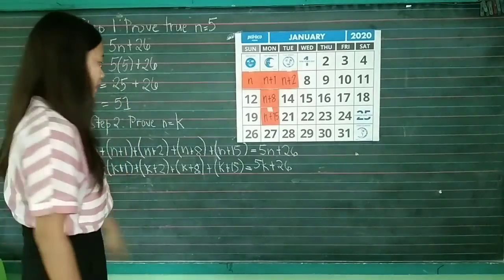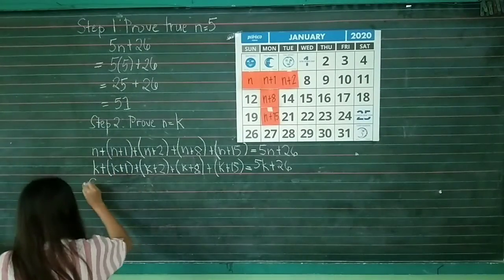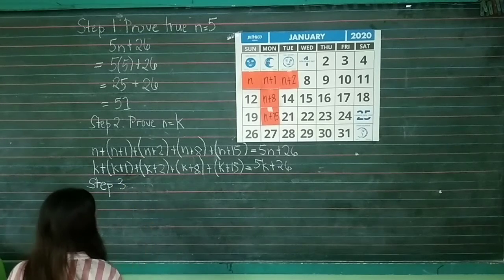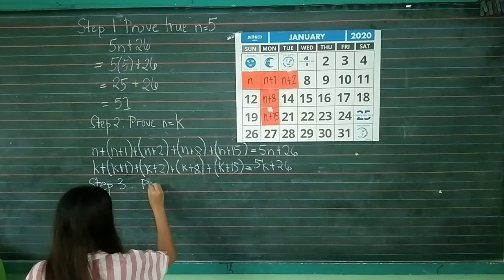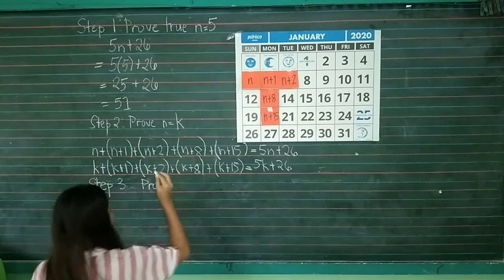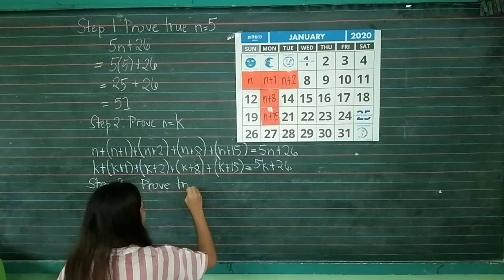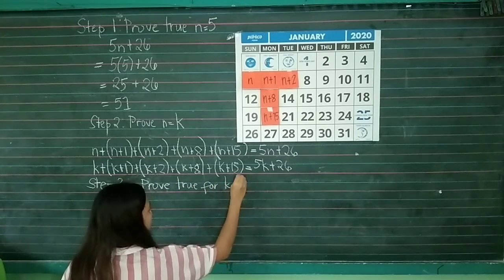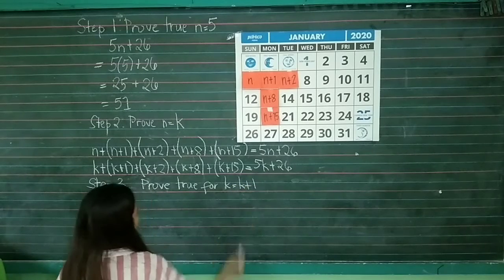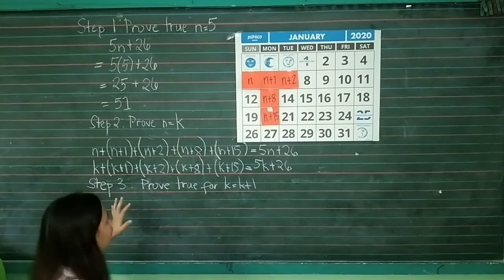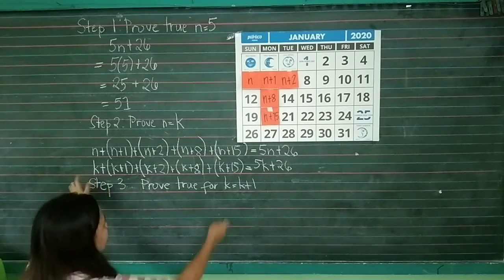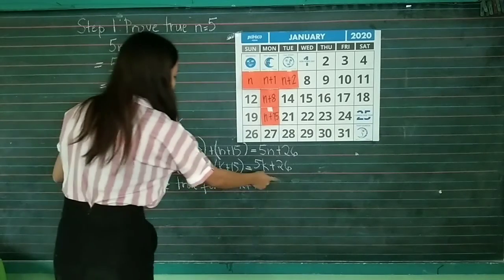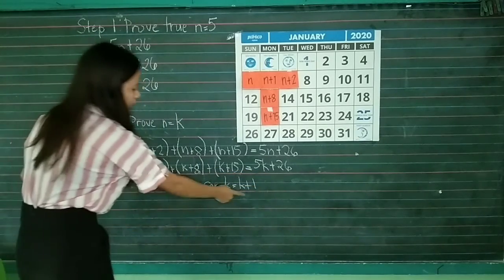Our third step is step 3. Here, in this equation, we will just replace k with k plus 1.